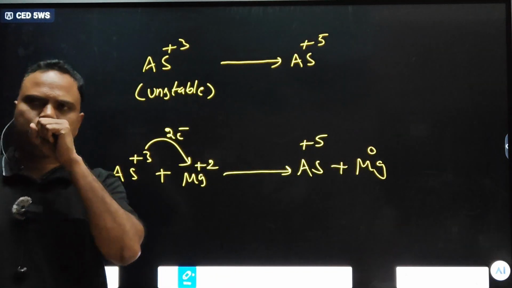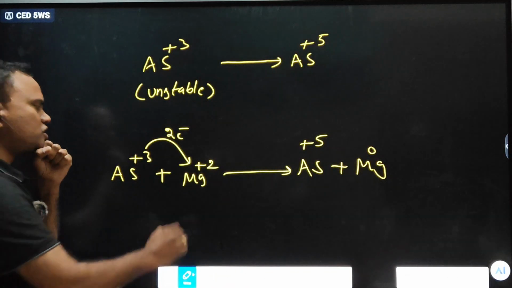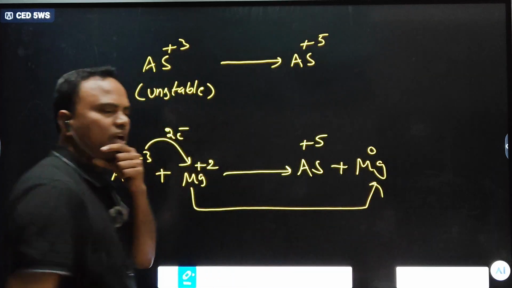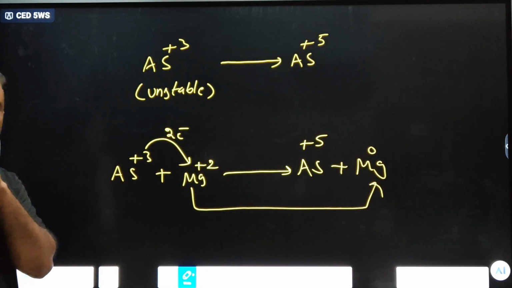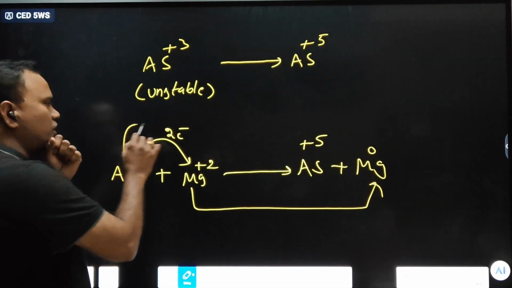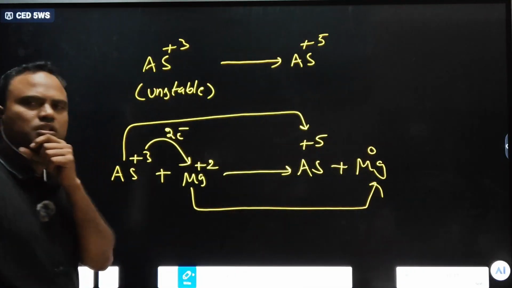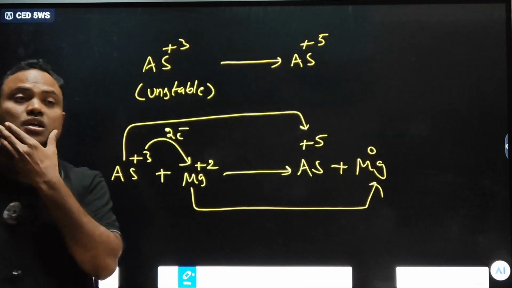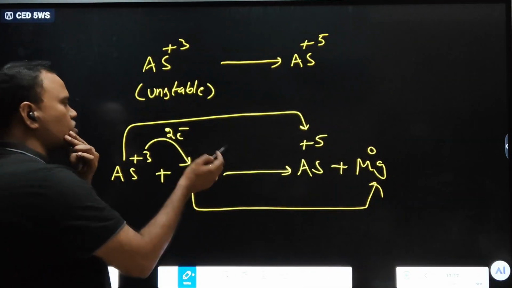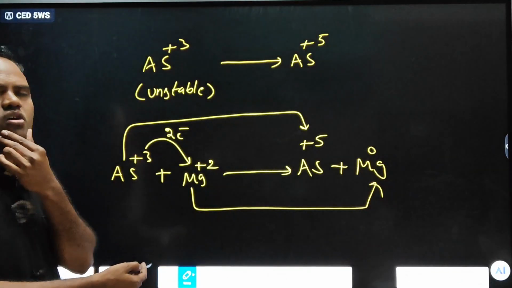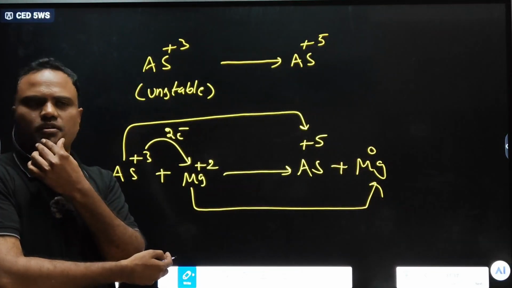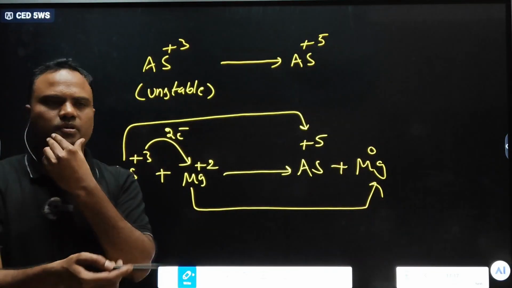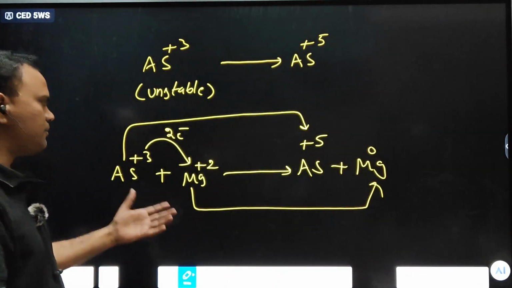In this reaction, magnesium is undergoing reduction. Arsenic is undergoing oxidation. The one which undergoes oxidation is a reducing agent. According to redox reactions, I am trying to explain. If I take a general reaction, you may feel some confusion, that's why I am taking this example.